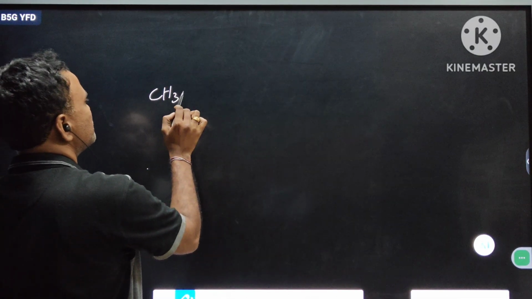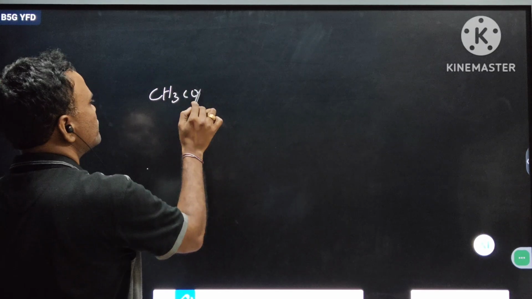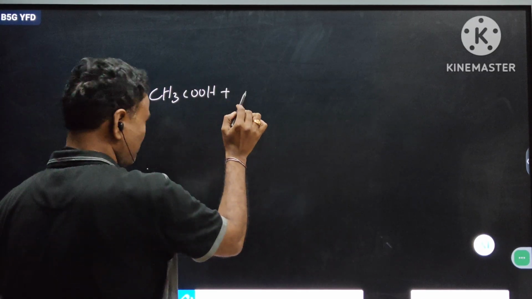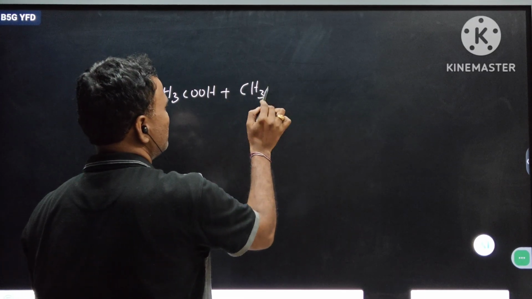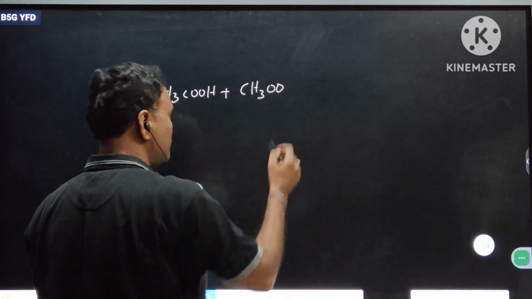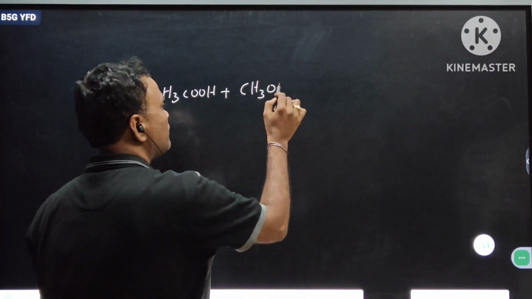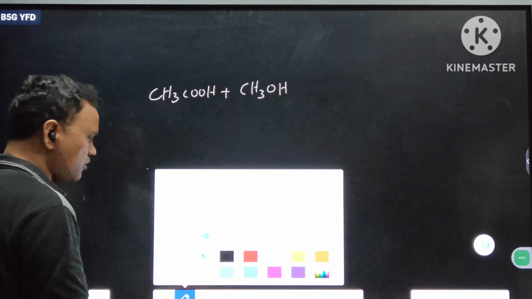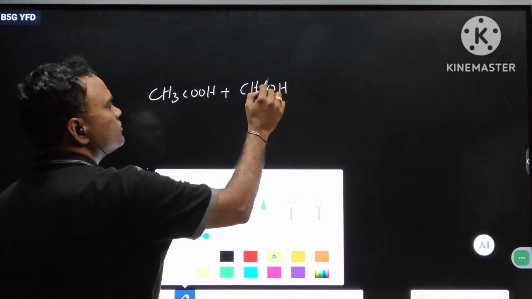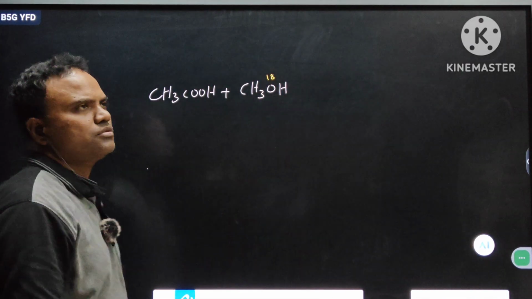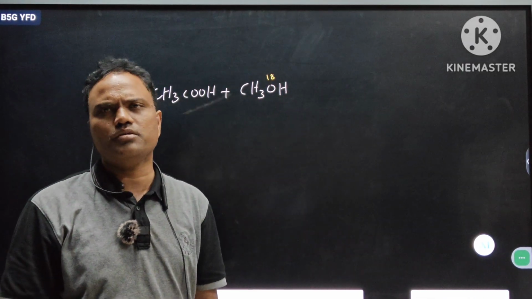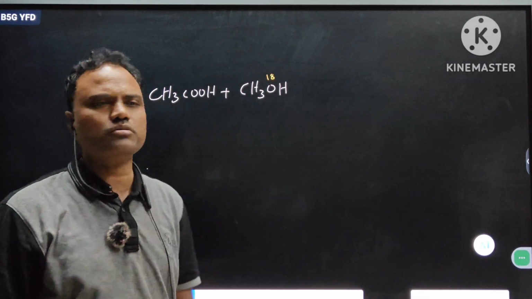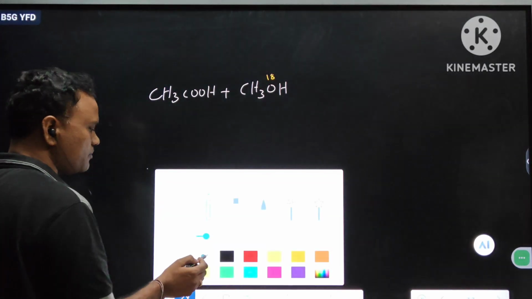Acetic acid, CH3COOH, and methanol, sorry, methyl alcohol. You can label the oxygen or not, your wish. There is no condition to label always. You can take simple CH3OH also. But for the first example, let us label.